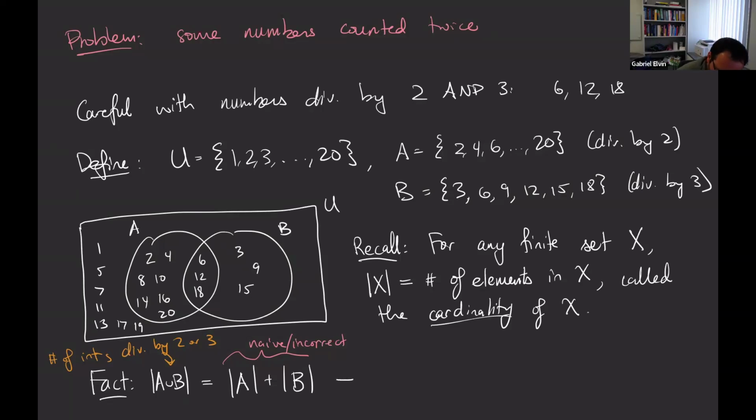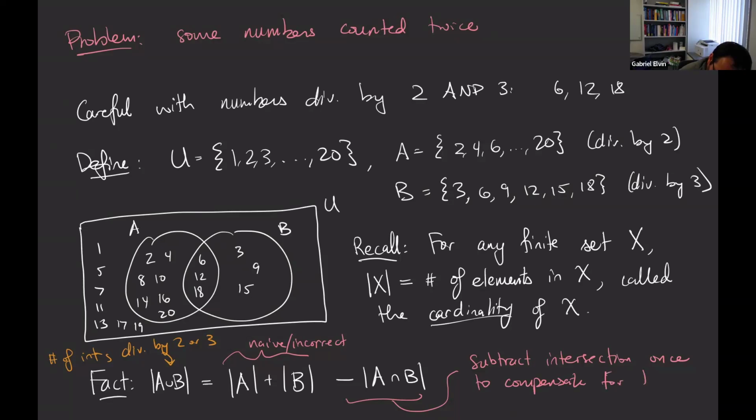So we just have to subtract the intersection once to compensate for the fact it's counted twice in the size of A plus the size of B. So we have that fixed there.